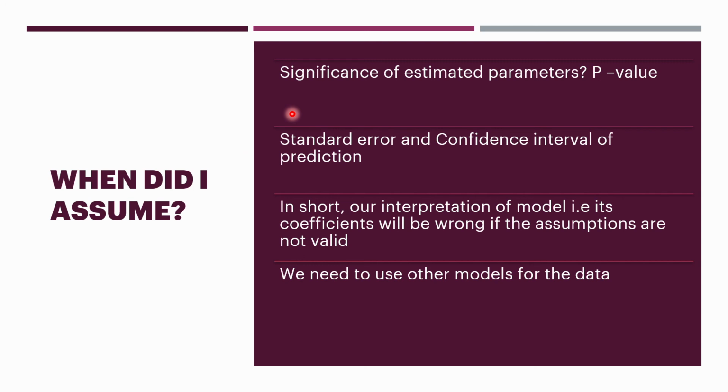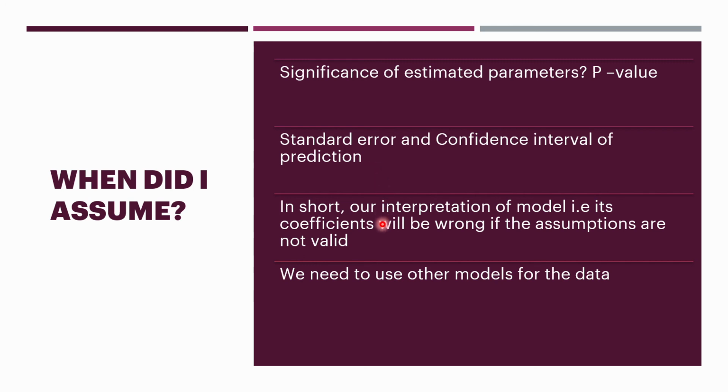If I assume a normal distribution, then all these values will have one meaning. If I don't assume that, then all these parameters will have a different meaning. So the analysis that we do on the parameters and the confidence intervals that we give all depend upon the type of distribution that the error term follows, or rather the conditional expectation of y given x.